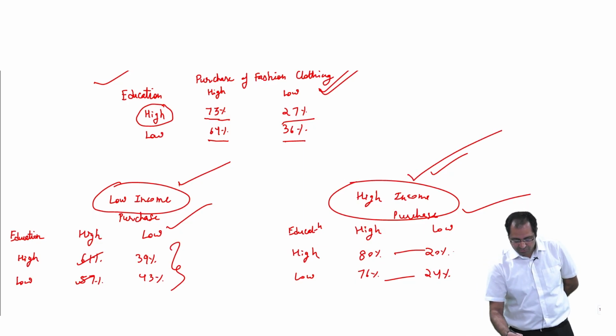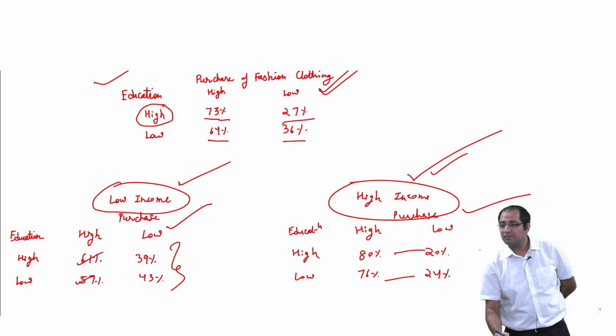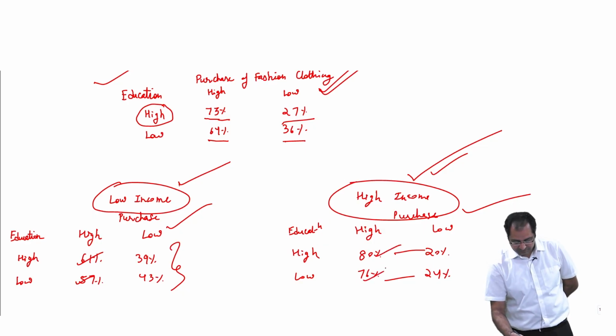For high income, you see the effect is more. For high income, there is a huge difference: for education high it is 80% and education low 20%.